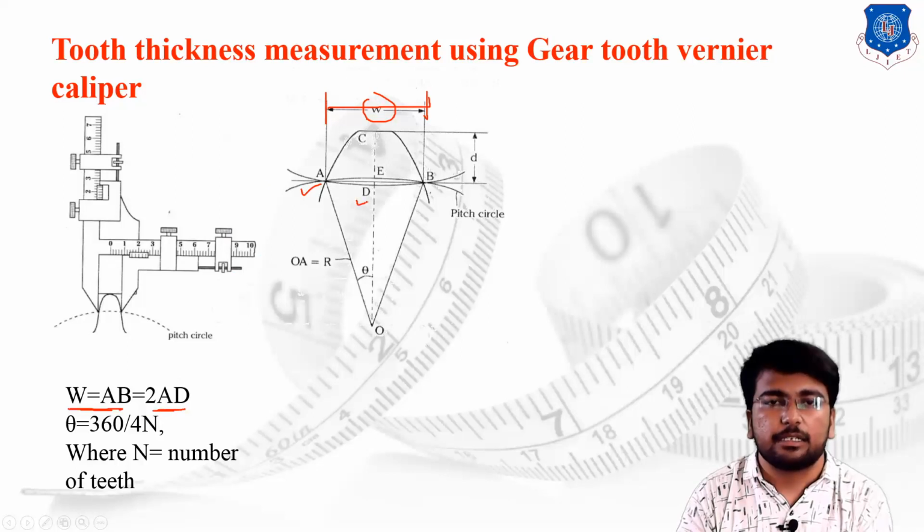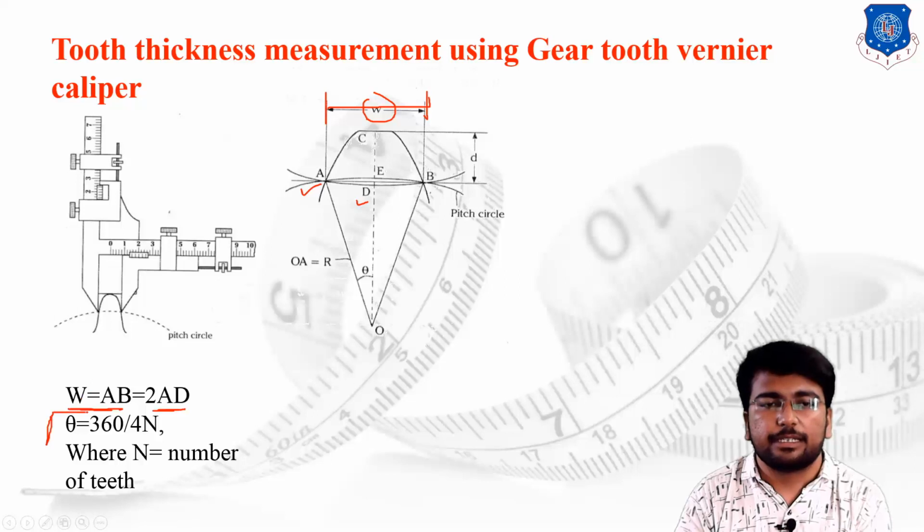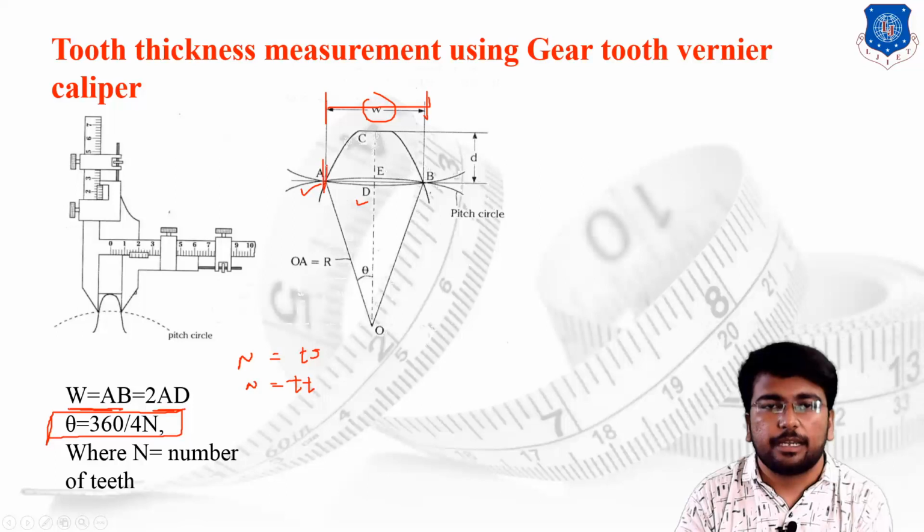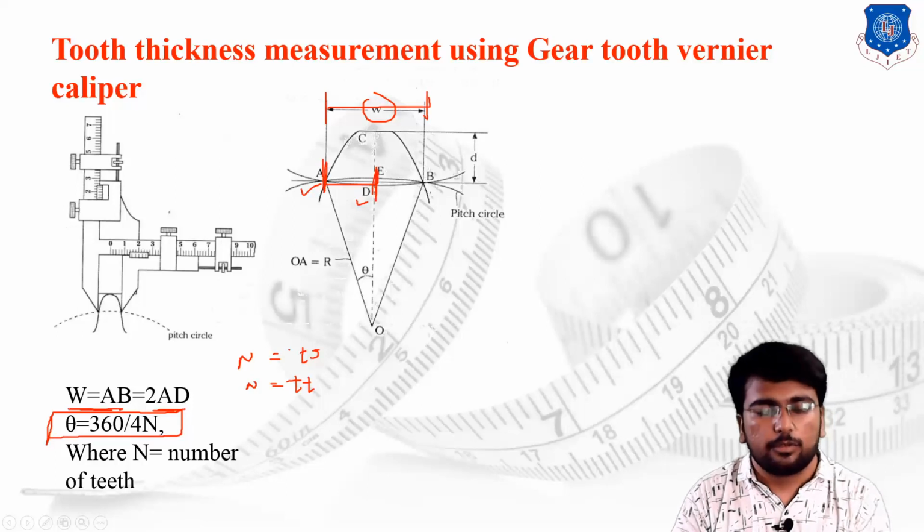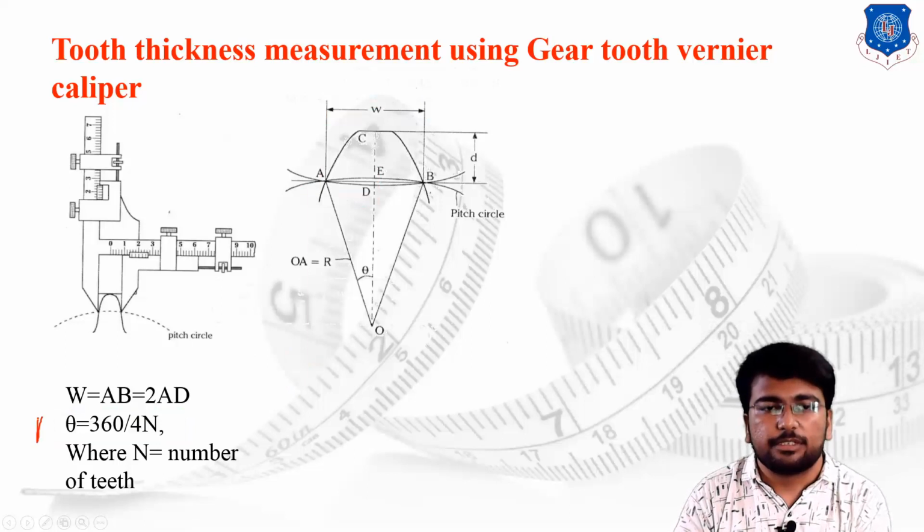I know the value of theta, we already discussed that theta is 360 by 4n, where a single n shows the teeth space, a single n shows the teeth thickness, and we have defined this particular as a. So theta is 360 by 4n, where n is the number of teeth.